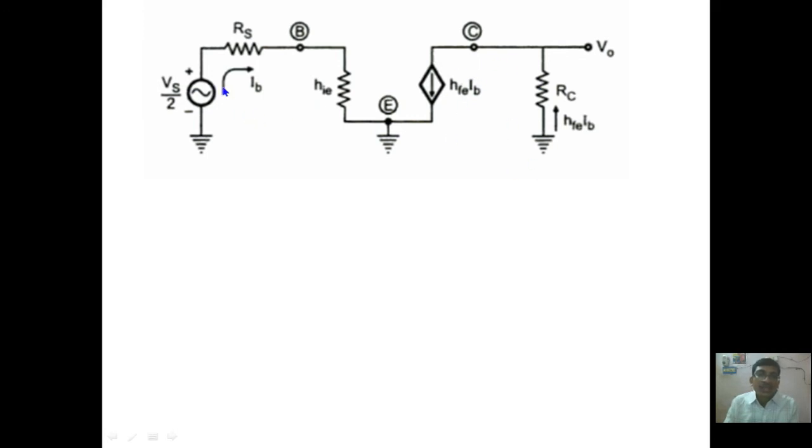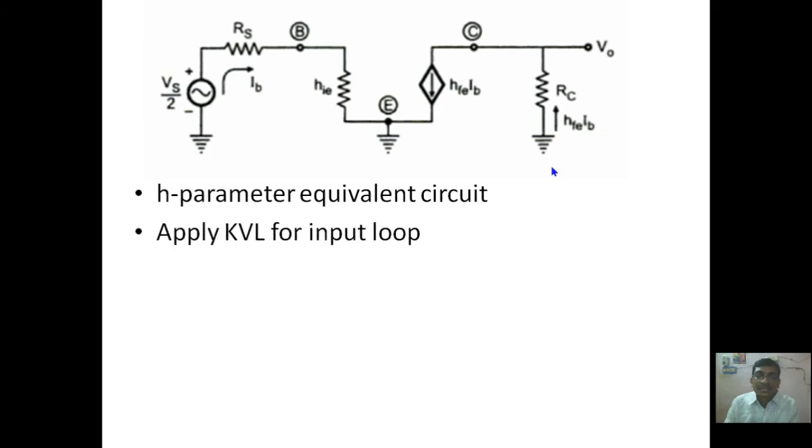In the input side loop we have the base current IB. The current flowing in the input side loop is the IB current, and in the output side loop we have only one current, that is the HFE IB current. This HFE IB current is equivalent to the IC current. Now we are going to do the analysis using H parameters.